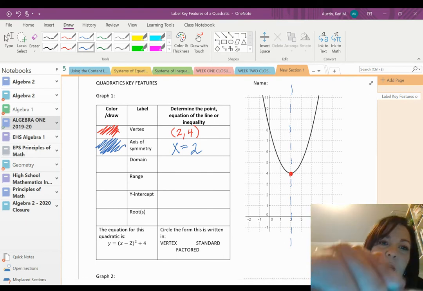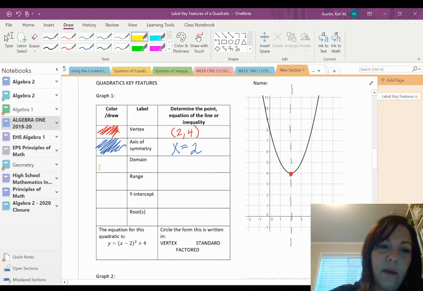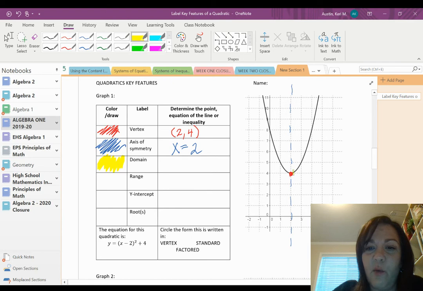Okay, domain you really don't have to show. I mean, we could maybe highlight with color. The domain is, what are all the x values? Remember, you look back and forth. So you can go forever and ever to the right, and you can go forever and ever to the left. Remember, at the beginning of the year, we used walls. There are no walls.